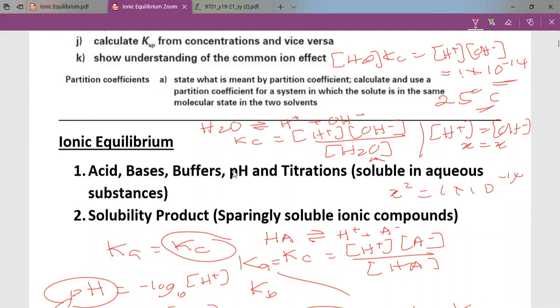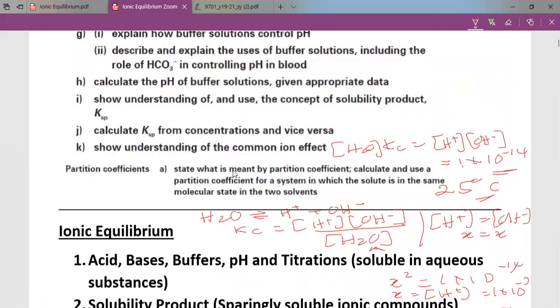So X, or H plus, is equal to 10 to the power of minus 7. That's why the pH of water is equal to 7, because pH is minus log base 10 of 10 to the power of minus 7, which is 7.